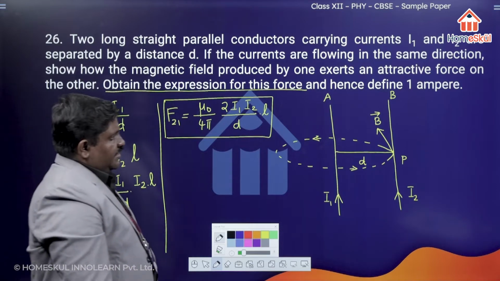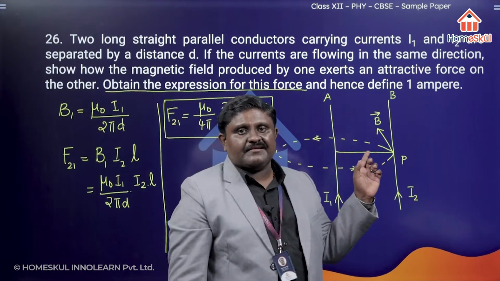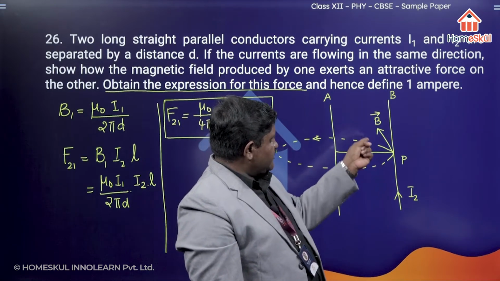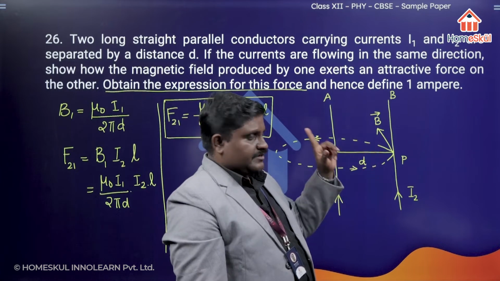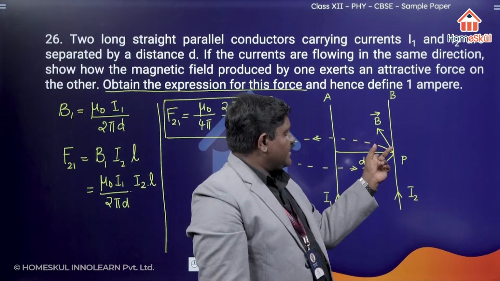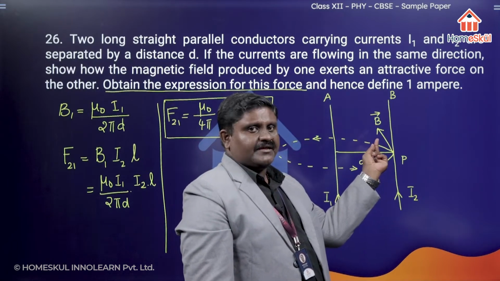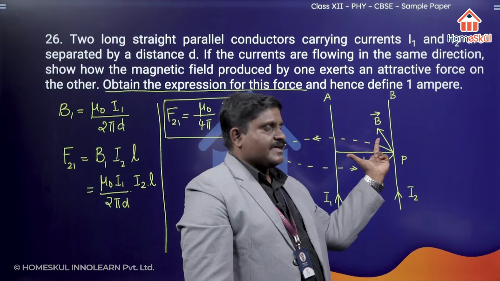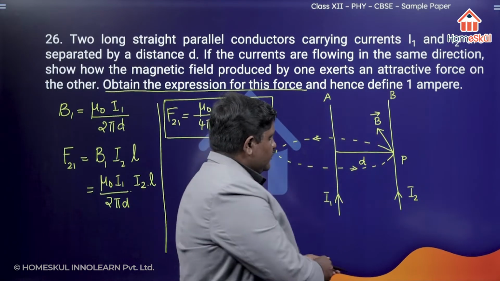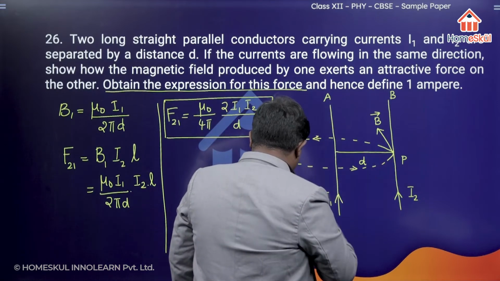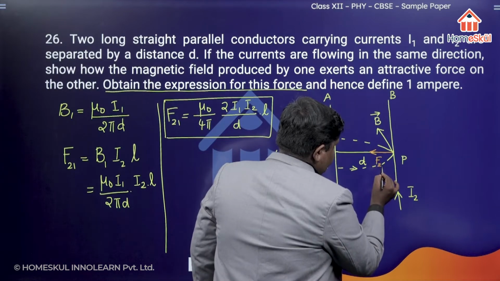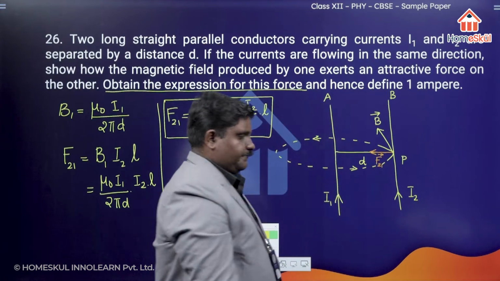Here we apply Fleming's left hand rule to get the direction of force. This is the direction of the magnetic field, so the forefinger points into the board, and the current is in the upward direction. Then the force acts in the direction of the conductor A. Therefore this is the direction of force F21.